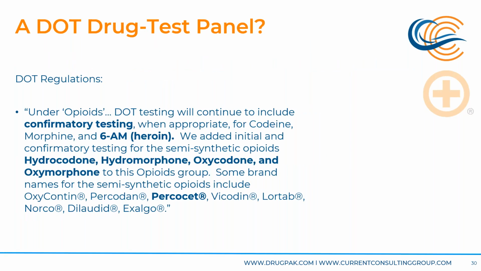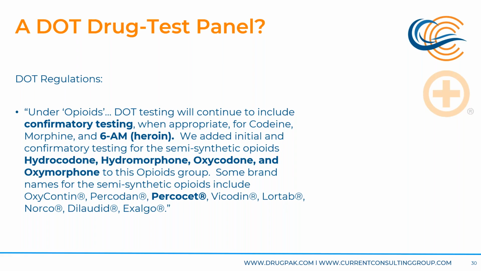There are other drugs, right? And you probably saw in the news, or in the past, that there were additions to the SAMHSA 5. There's more than 5 drugs included in the panel, but we often call it the SAMHSA 5. There was the addition of semi-synthetic opioids like hydrocodone, hydromorphone, oxycodone, oxymorphone.